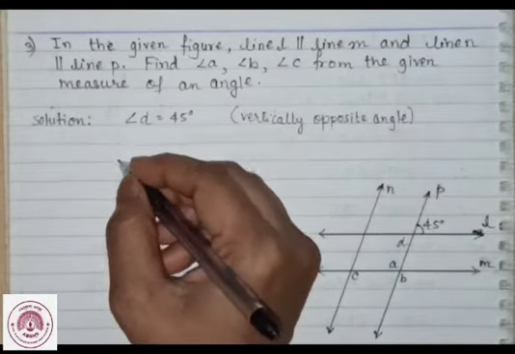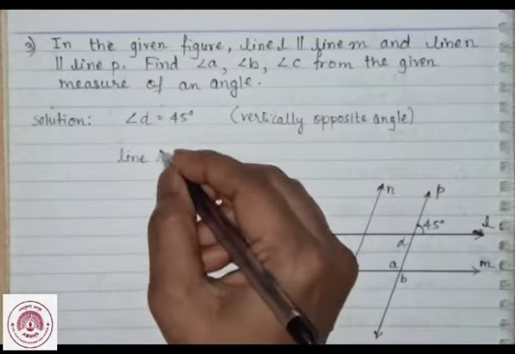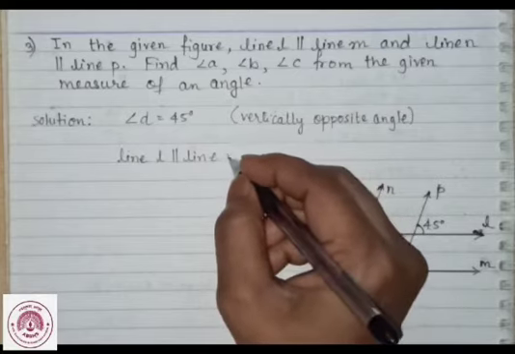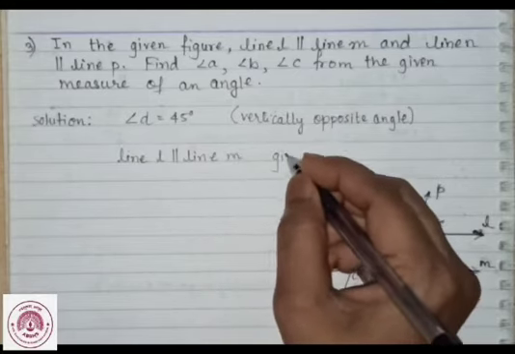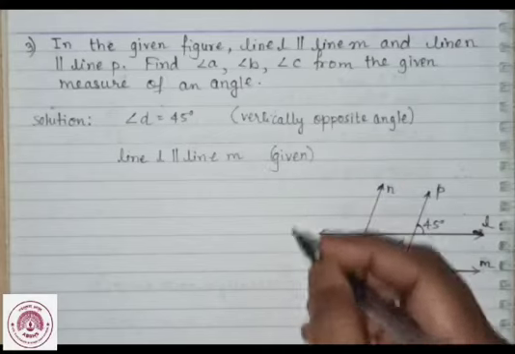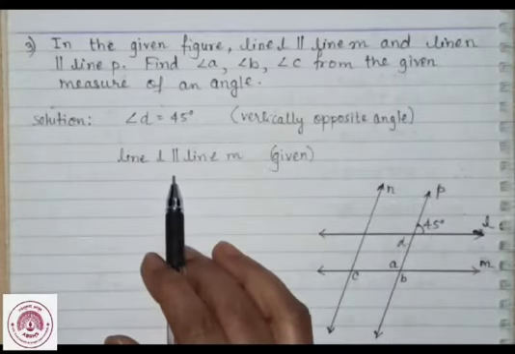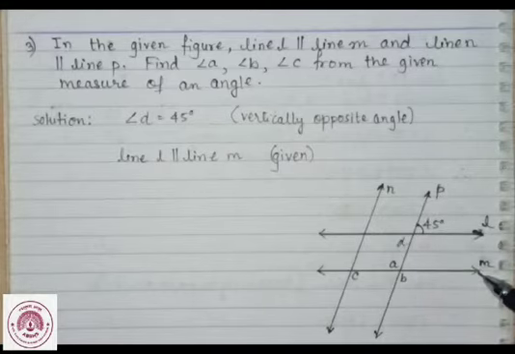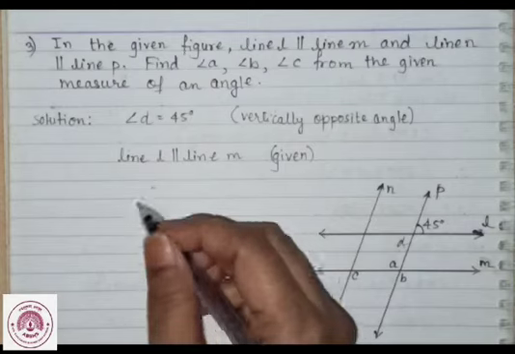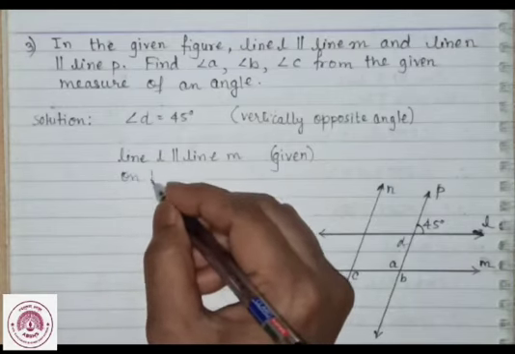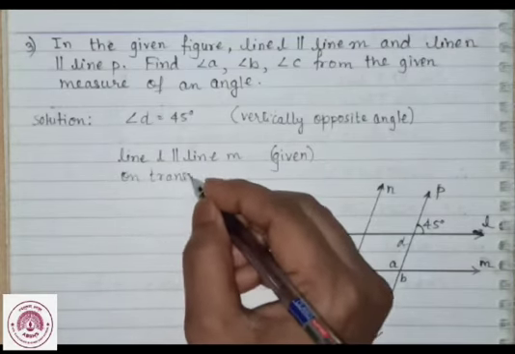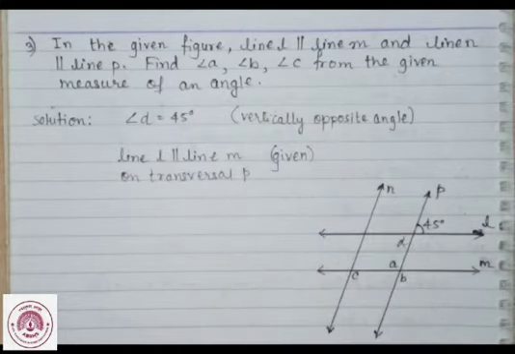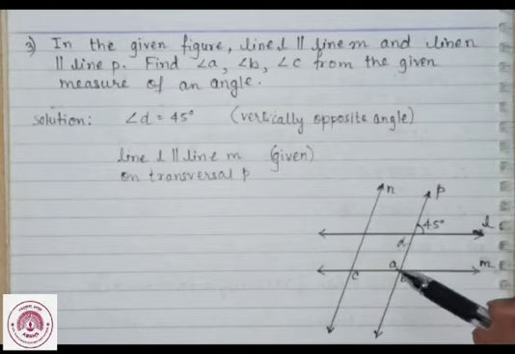Now line L is parallel to line M. This is given. You can write here, reason is given. And P is transversal. So on transversal P, now what kind of angles are D and A?